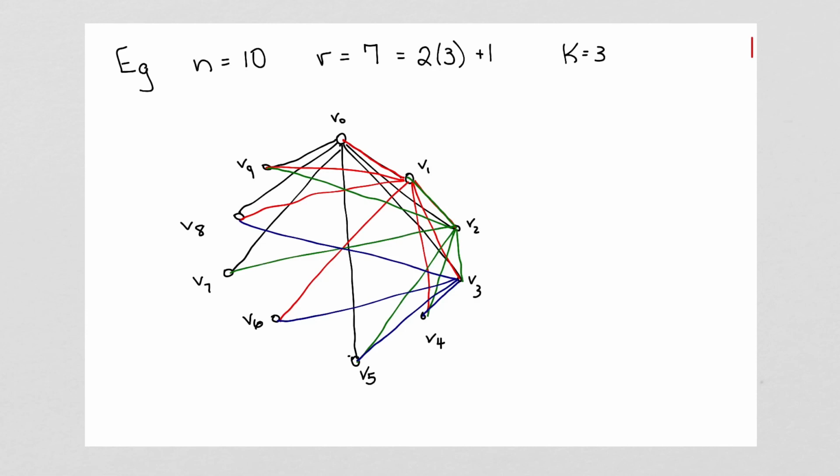Now at V4, again, I've got my three counterclockwise edges, so I need my three clockwise. So V4 will go to V5, V6, and V7, and then directly across V4 to V9.